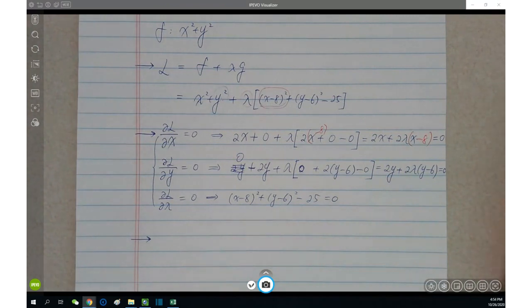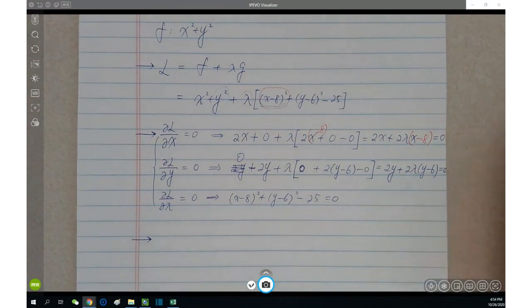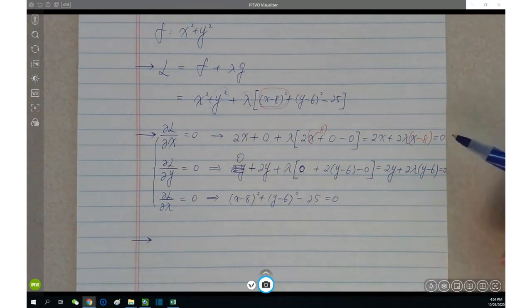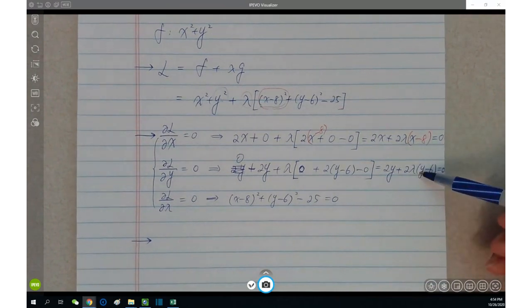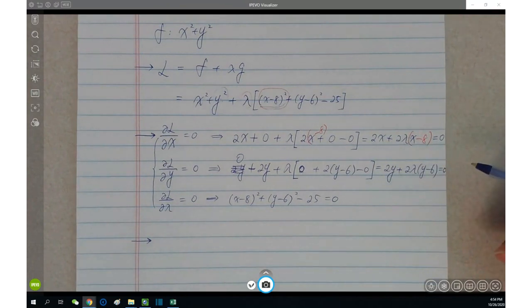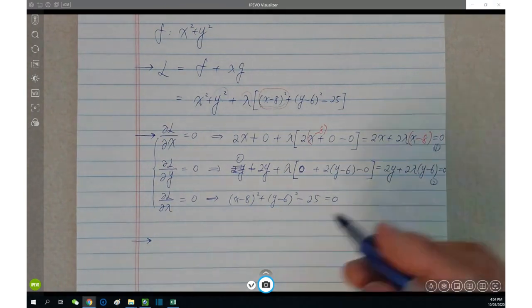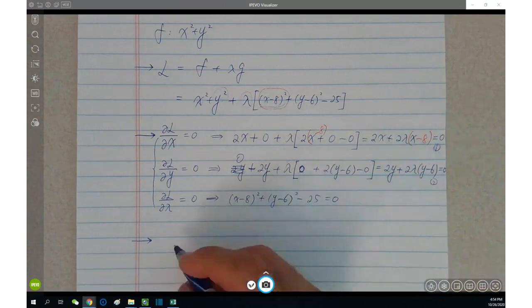Okay, and if you're doing it by hand, then what you see is lambda times x and lambda times y. Very troublesome. You see this is very, very troublesome. So how to solve this? If you name the first equation number 1 and the second equation number 2, what you need to do is this.